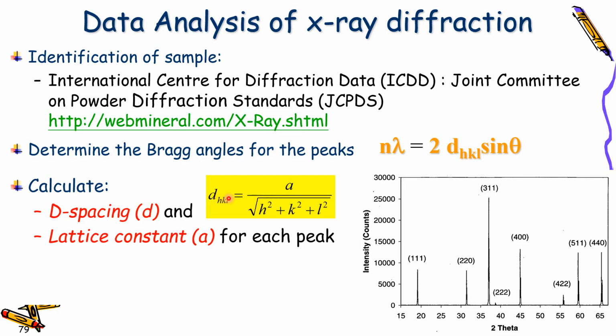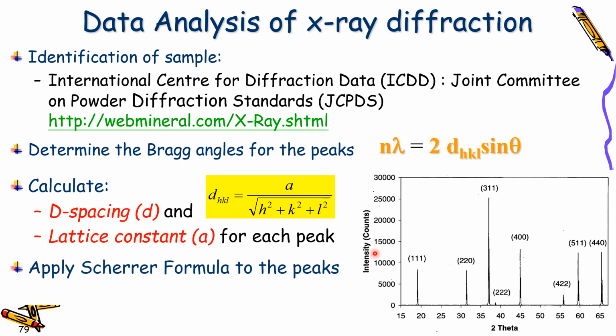After you know d, and you know this is 311, then you can get a. So this is a very easy calculation. I hope you can do it in your final exam. This is the equation you need to remember, Bragg's law. This one only. Easy.